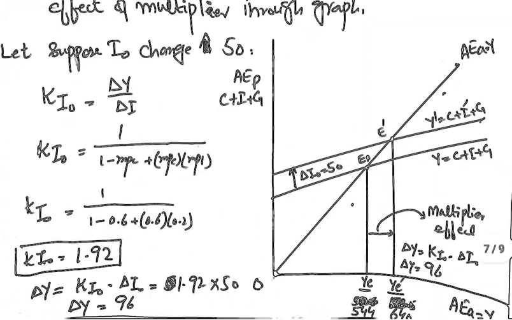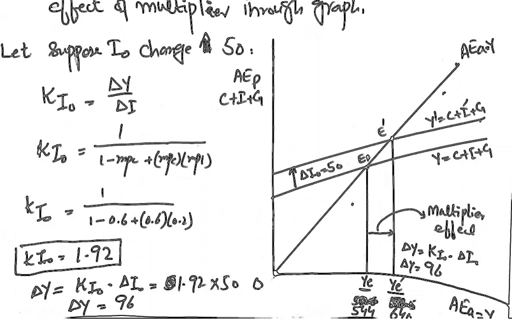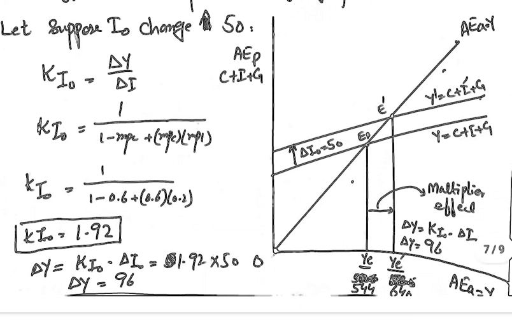Let's suppose that there is a change in planned investment expenditure of 50 billion rupees. First we will calculate the value of the multiplier, and then we will calculate the impact of the 50 billion change using the multiplier.